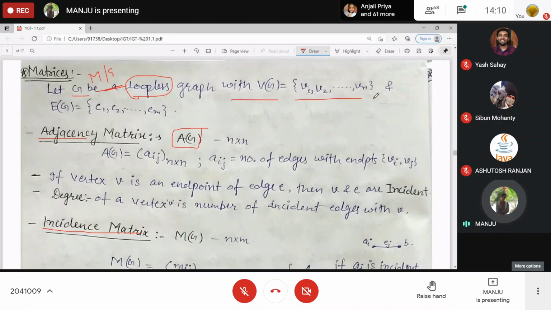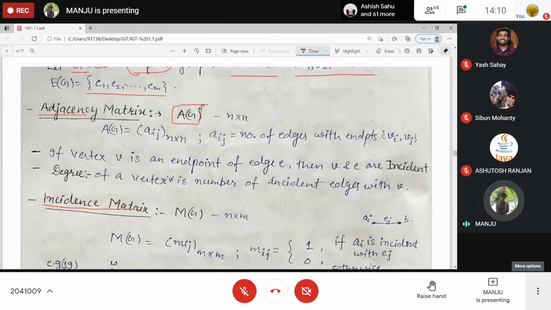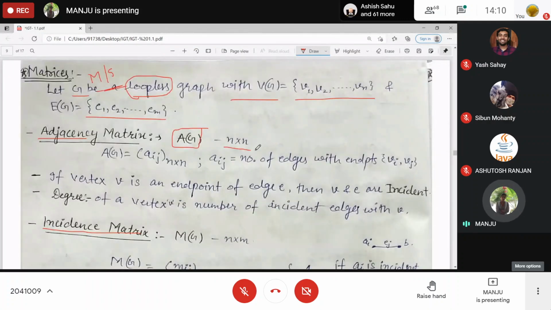With the vertex set, there are n vertices and m edges. Then you can find AG, that is the adjacency matrix. The adjacency matrix will have order n by n. This n is coming from the number of vertices. Clear? And the ij-th element will be given by the number of edges between vi and vj, or you can just say with endpoints vi and vj.